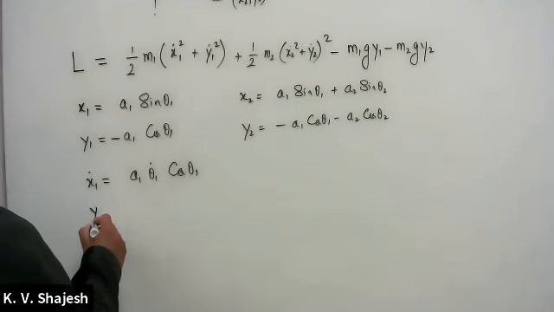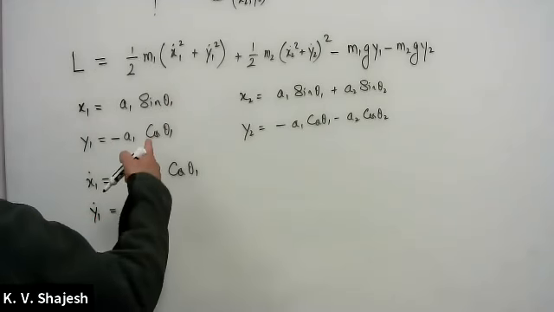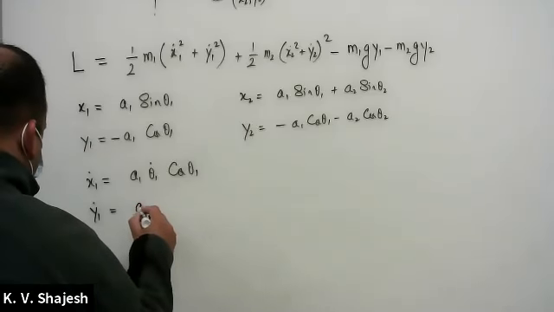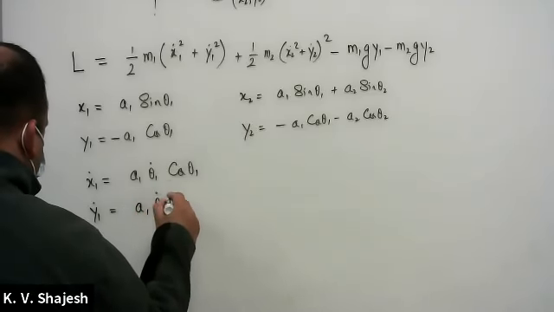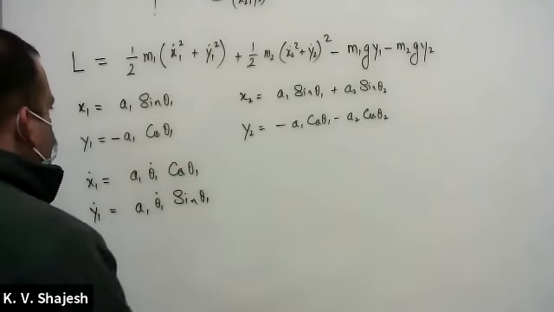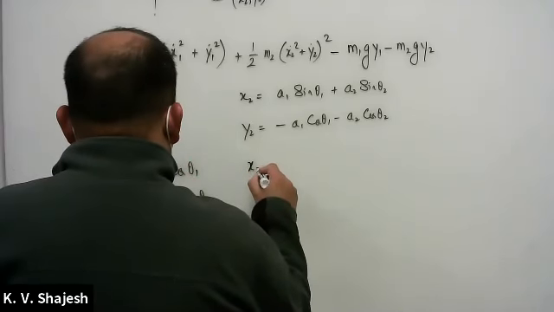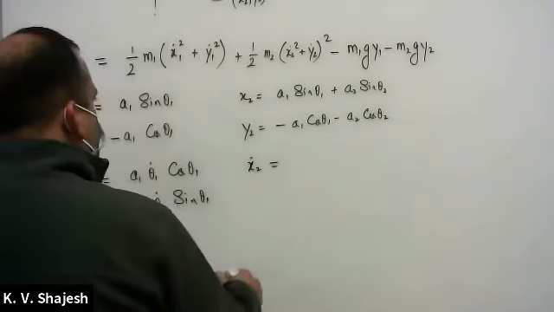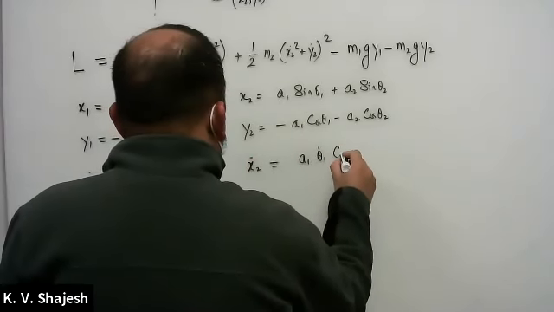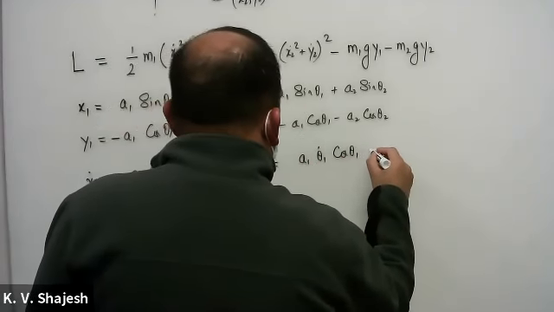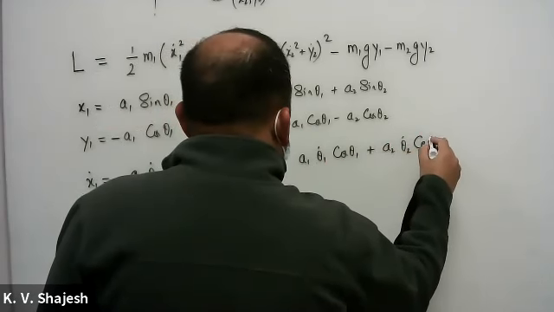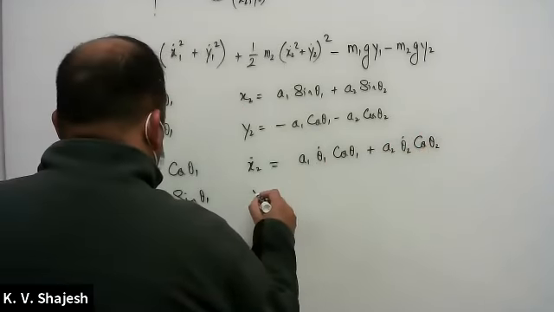And y1 dot, similarly, when I take the derivative of cosine, I get a minus sign there, so it becomes positive. So it's A1 theta 1 dot times sine of theta 1. Then x2 dot is equal to A1 theta 1 dot cosine theta 1 plus A2 theta 2 dot cosine theta 2, just taking the derivatives.